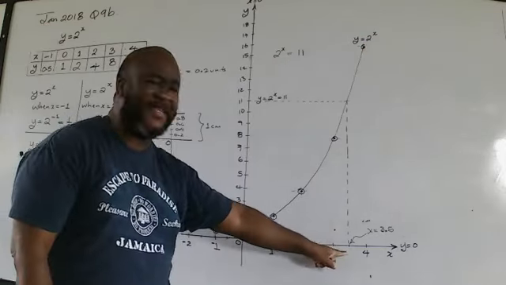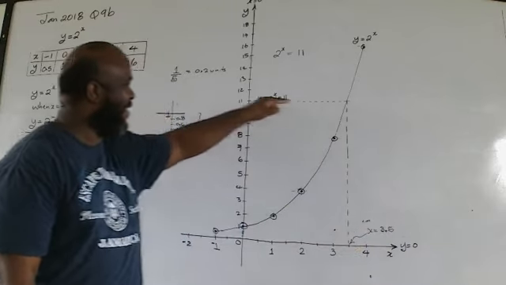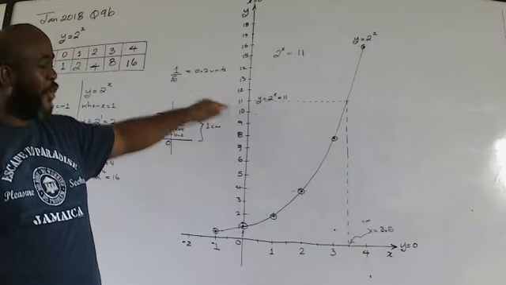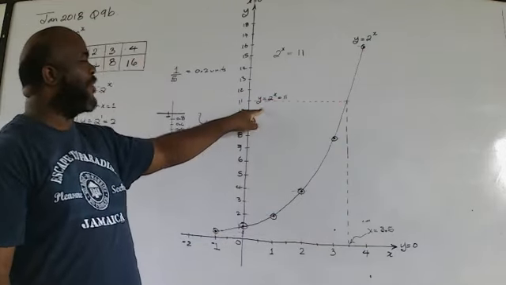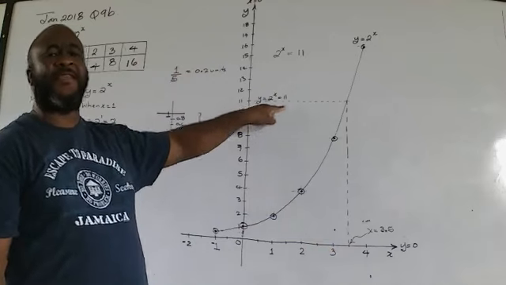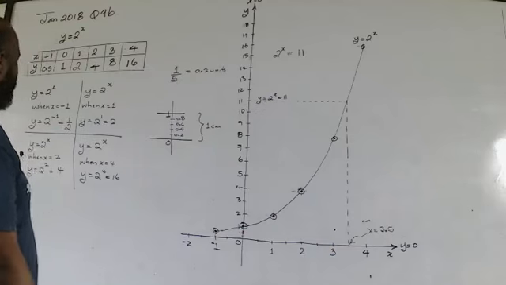So when x is equal to 3.5, y, which is equal to 2 to the x, is equal to 11. So let's go ahead and answer it.